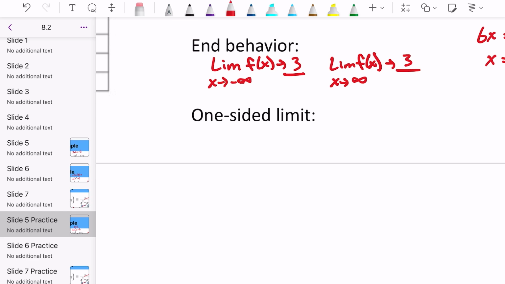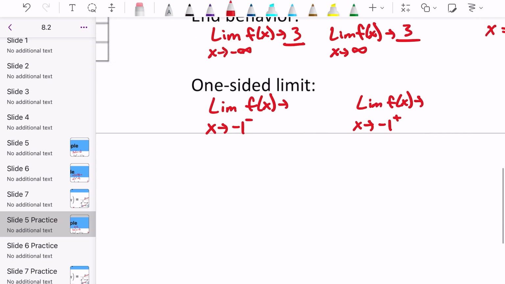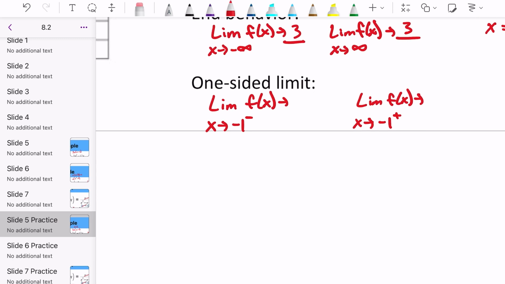So we would write this as the limit of f of x as x approaches -1 from the left side. We would write it as the limit of f of x as x approaches -1 from the right side. Our other vertical asymptote would be for 3.